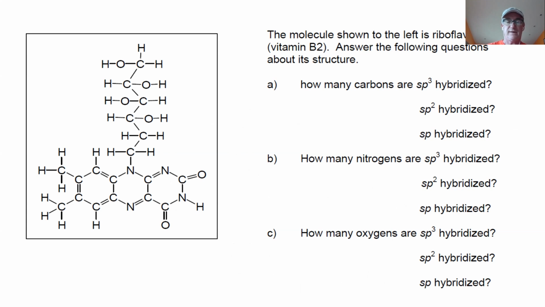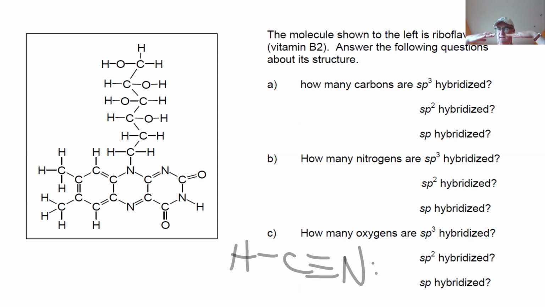So if I have hydrogen cyanide here, that is going to be linear because I have 2 regions of electron density around the carbon. It is sp hybridized. It's a linear molecule. This hydrogen, carbon, nitrogen angle is 180 degrees. So is that what you were asking?